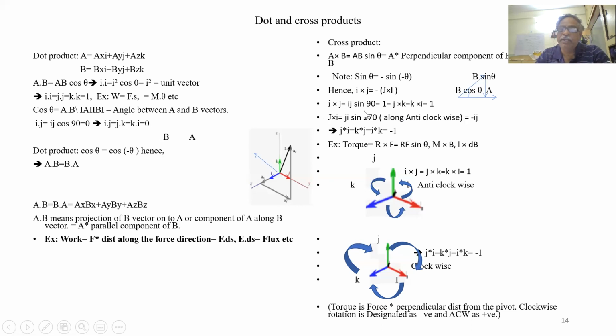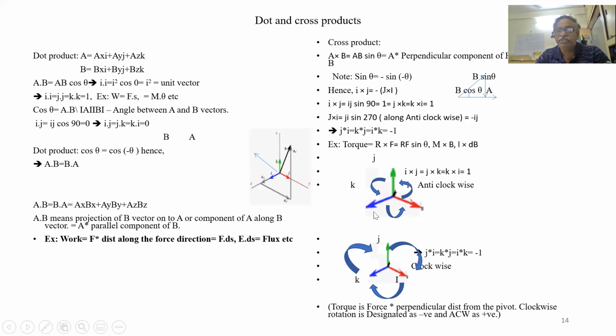I cross J, I cross K, J cross I, J cross K. Like that they prevail. So I cross J is IJ sin 90, that is 1. Similarly, J cross K is 1, K cross I is 1. This is I, J, K. This is I cross J, this is I cross K, this is J cross K, this is K cross I.